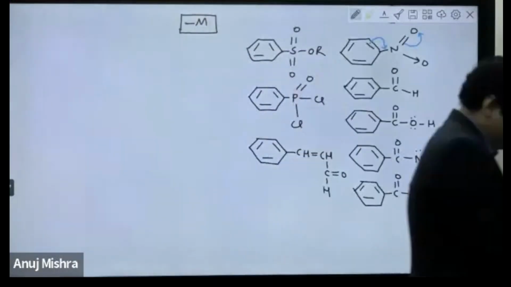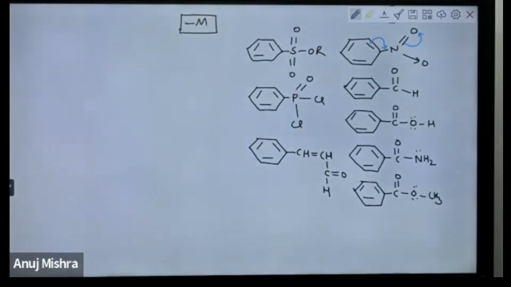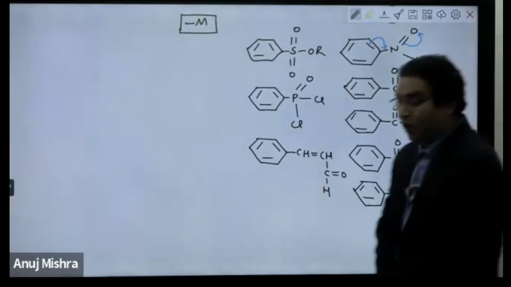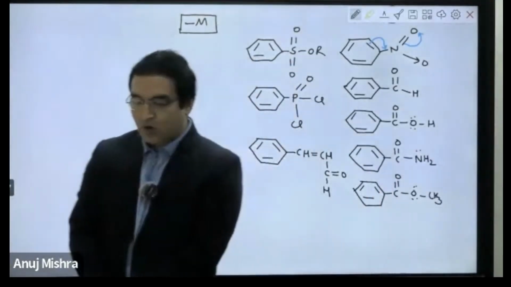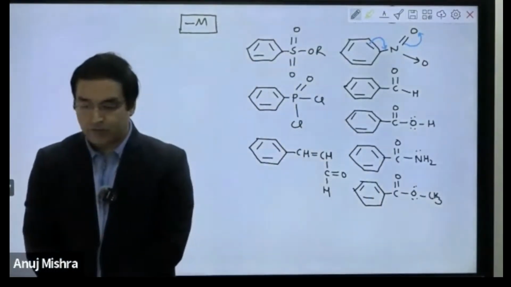Please note down all the examples. What is your observation in all the cases? What is the common thing that you observe in all the cases?